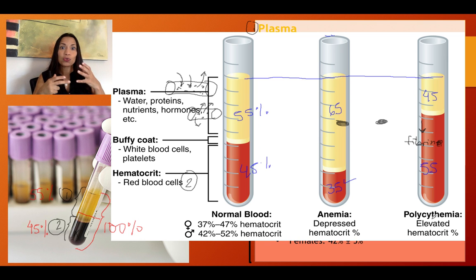So in order to adjust to those changes, red blood cell production increases, to keep up with the oxygen distribution throughout the body.